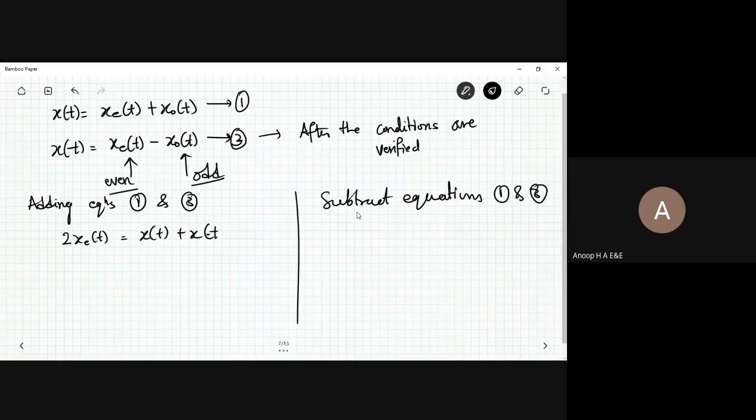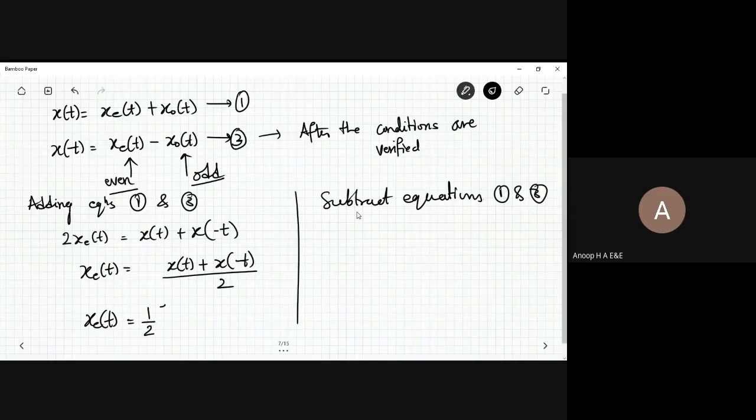Next, x even of t would be equal to x of t plus x of minus t divided by 2, or x even of t is equal to half of x of t plus x of minus t.